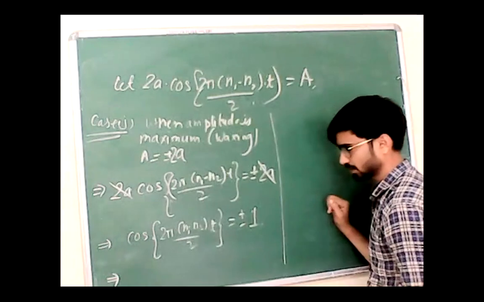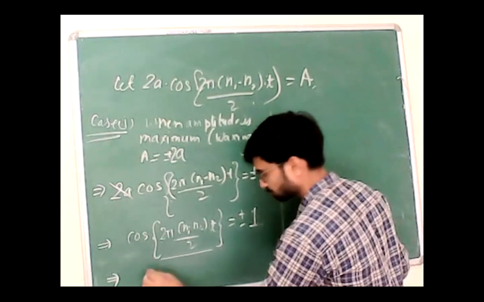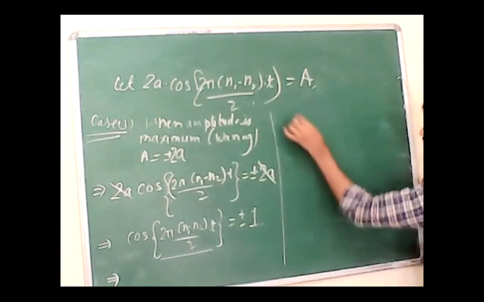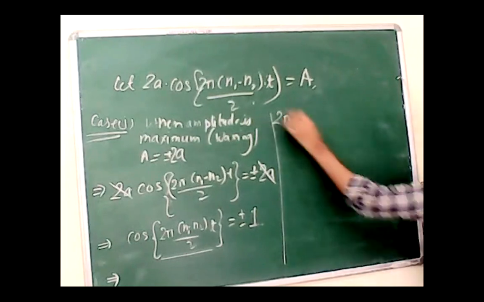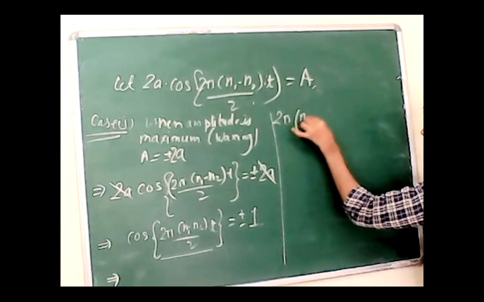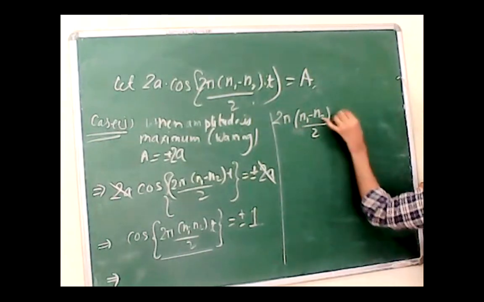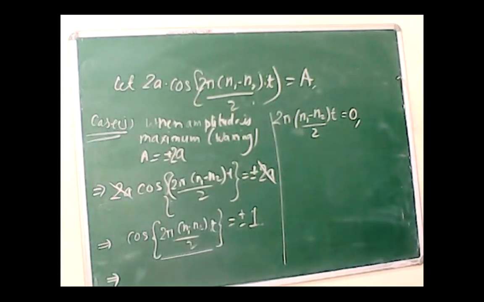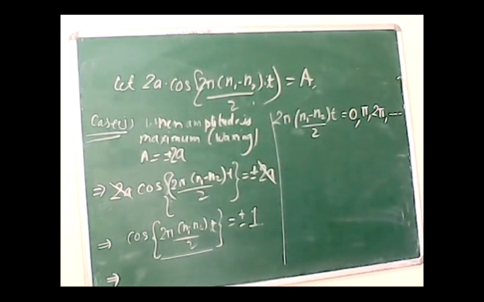From here we can conclude that this value, 2 pi (n1 minus n2) divided by 2 into t, is either equal to 0, or it is equal to pi, or it is equal to 2 pi, and so on.